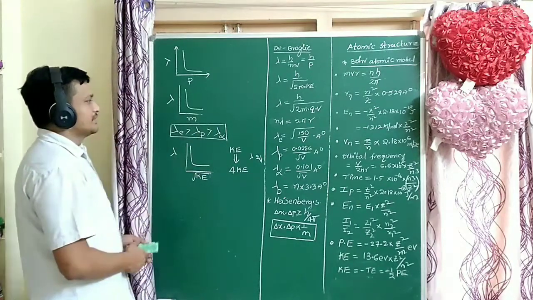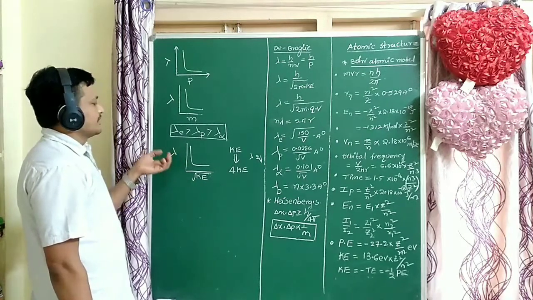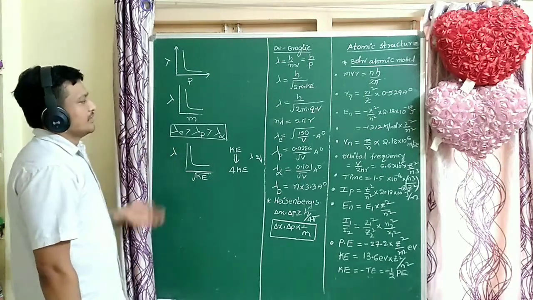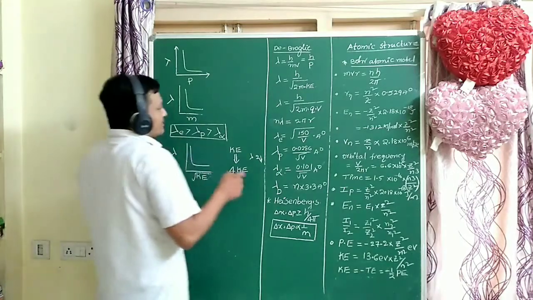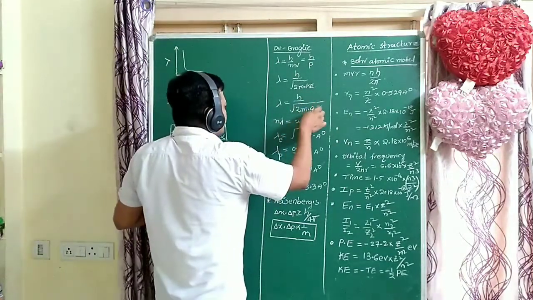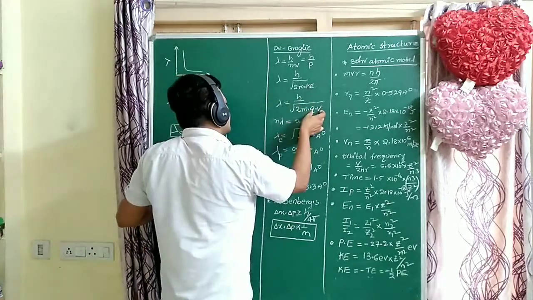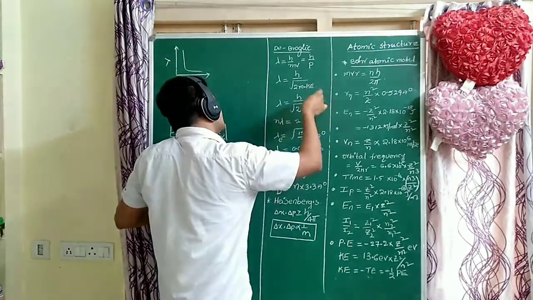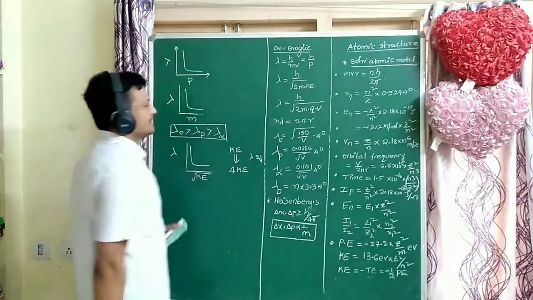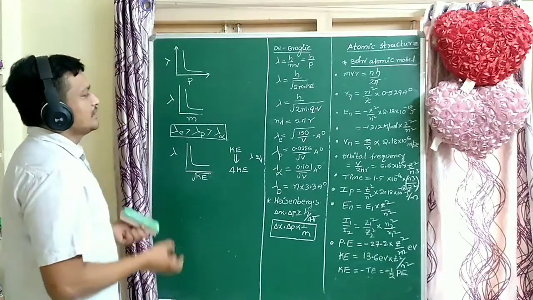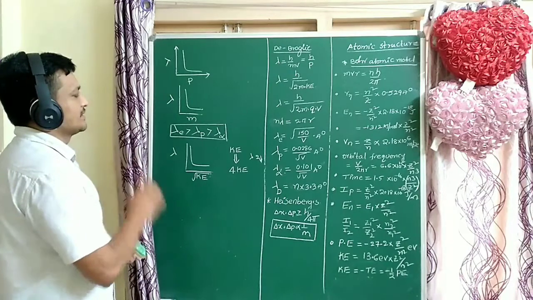In place of kinetic energy, we write charge into potential: KE equals charge into potential. As the charge or potential of the particle increases, the wavelength decreases.